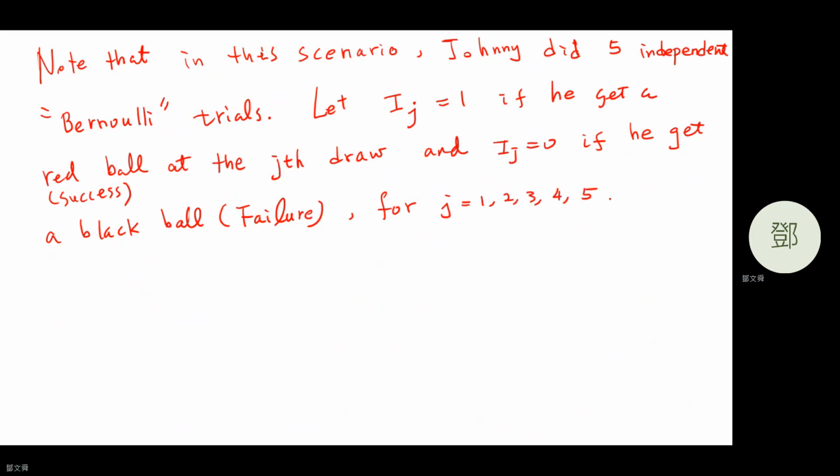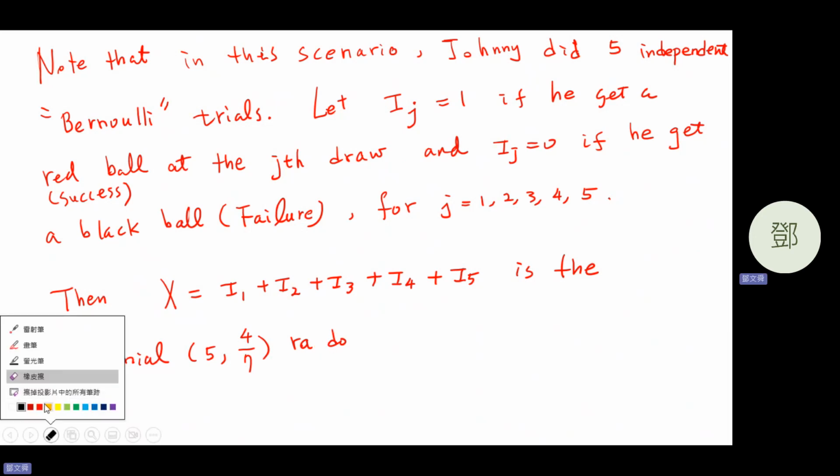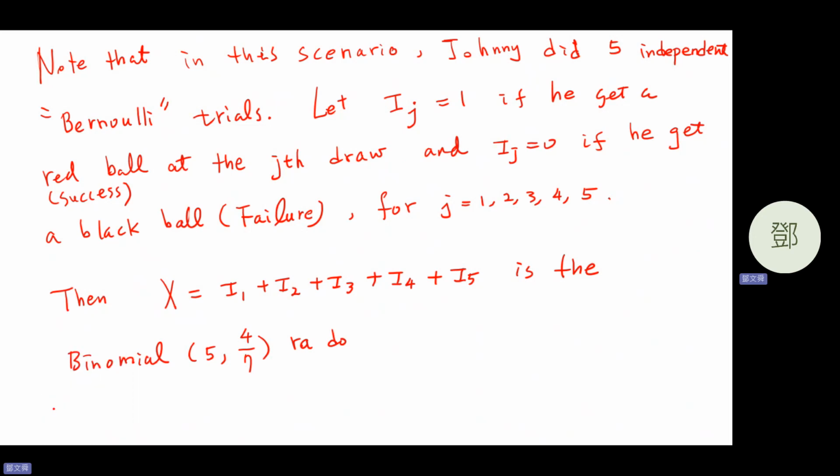And then X is the binomial 5, 4 over 7 random variable.